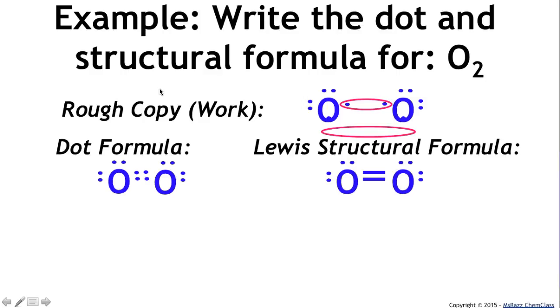So if you look at the oxygen on the left here, it has access to all 8 electrons. And if you look at this oxygen, also full access to all 8 electrons. So together, as long as they're close, as long as they're being held together like this, each of them has that octet that they were looking for.